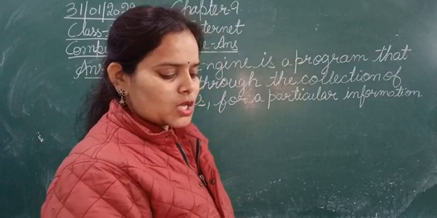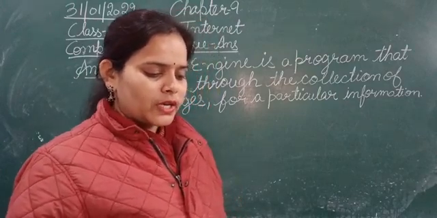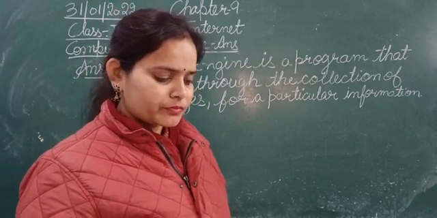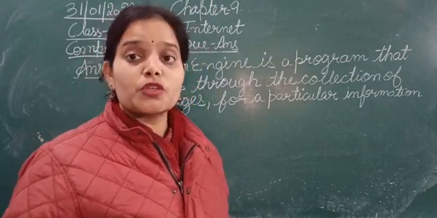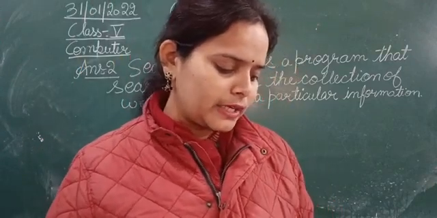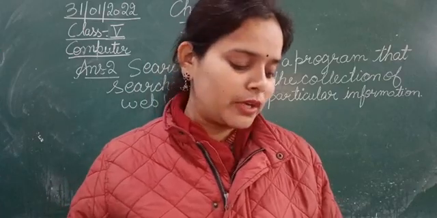The second question was, what is it used for? So it is used for getting the information on any topic. Suppose you don't have any URL, we can still get the information. It is used for getting the information if we don't have the URL as well.